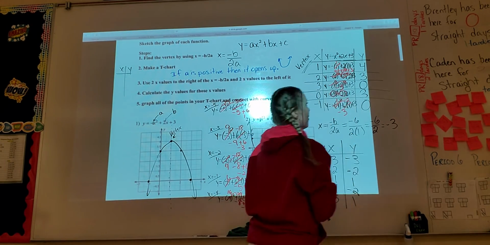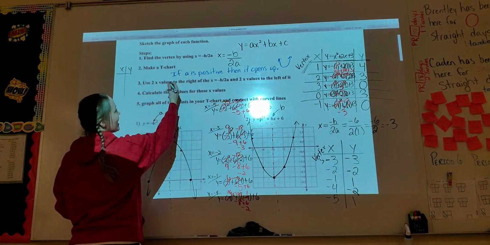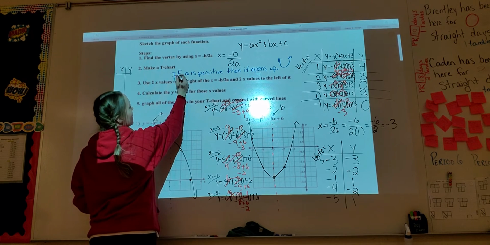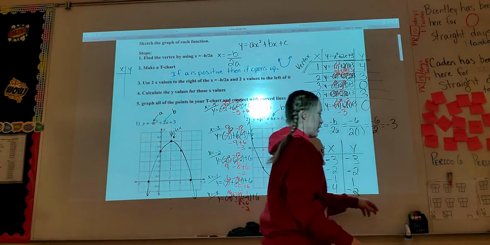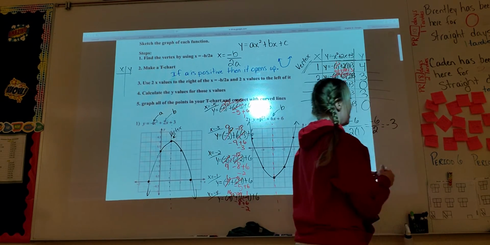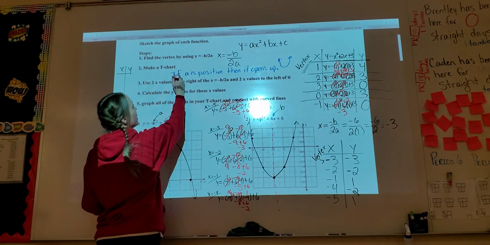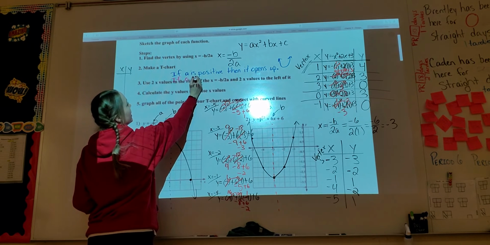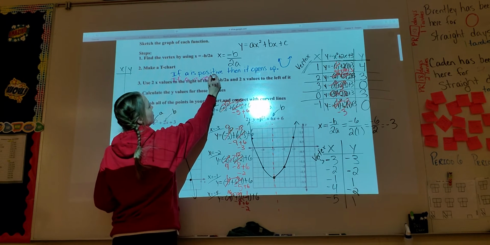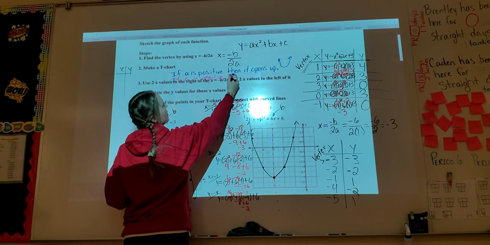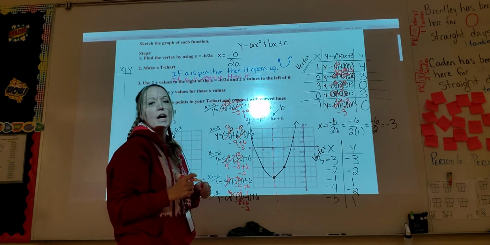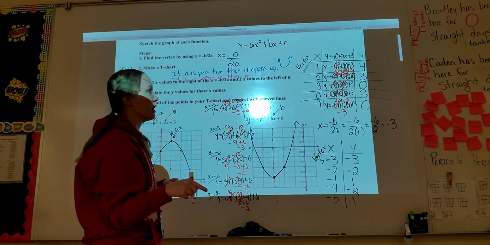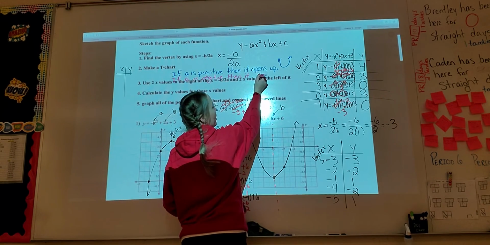Then, if A is negative, oh, that's not showing up very well. If A is negative, then guess what happens? Yeah, it opens down like a frowny, like negative people that frown.